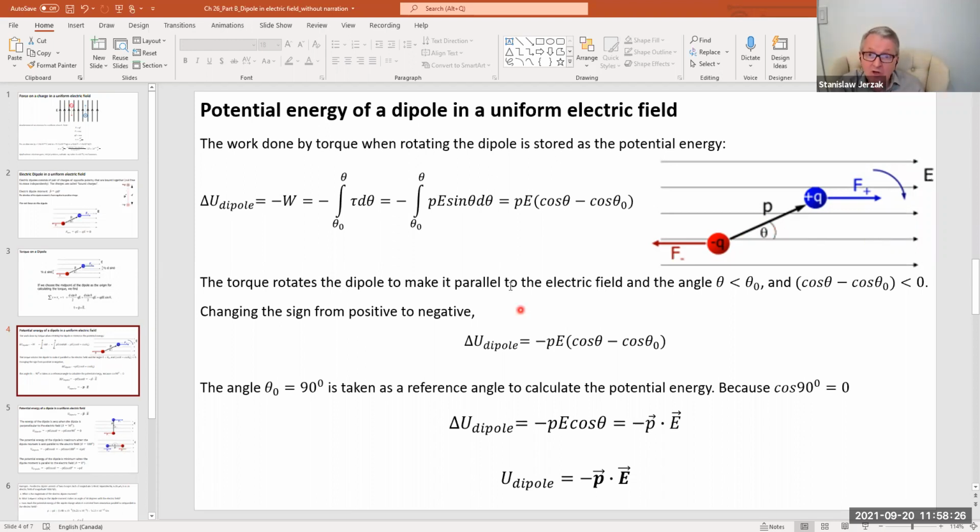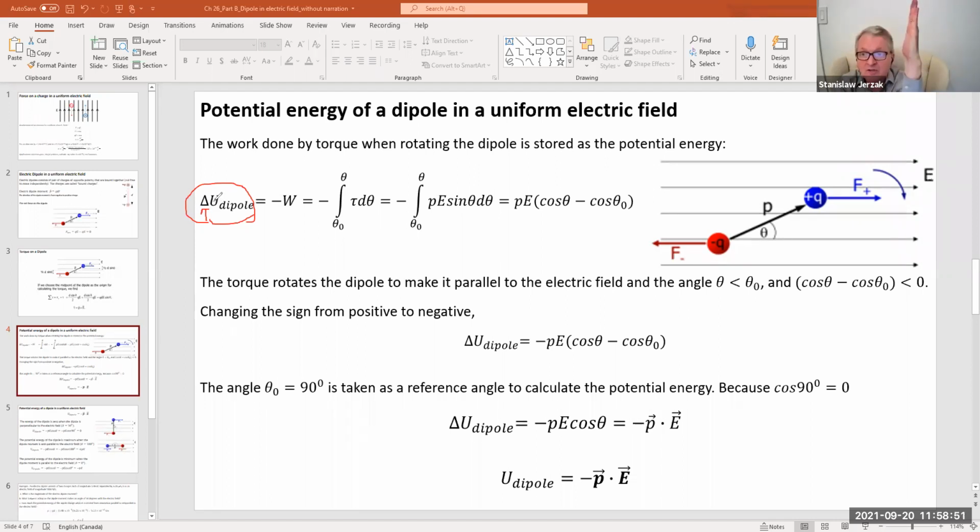Now, you should know from previous courses like Physics 1800 and Physics 1801 that potential energy is not an absolute quantity; we can only calculate the difference of potential energy. That's why here I have written delta U. Delta means the difference of energy between two orientations of the dipole.